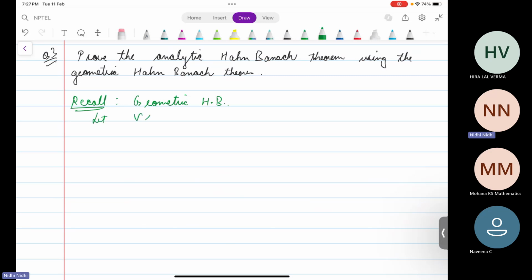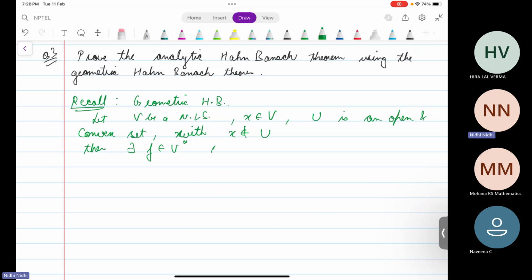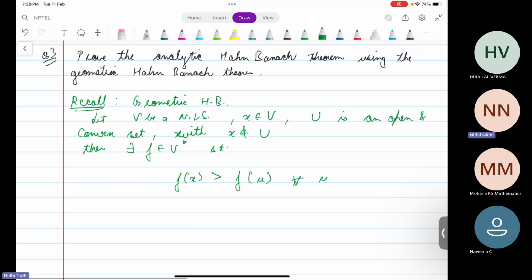Let V be a normed linear space, x a vector in V, and U an open and convex set with x not belonging to the set U. Then there exists some functional f in V star such that f(x) is greater than f(u) for every u in U.